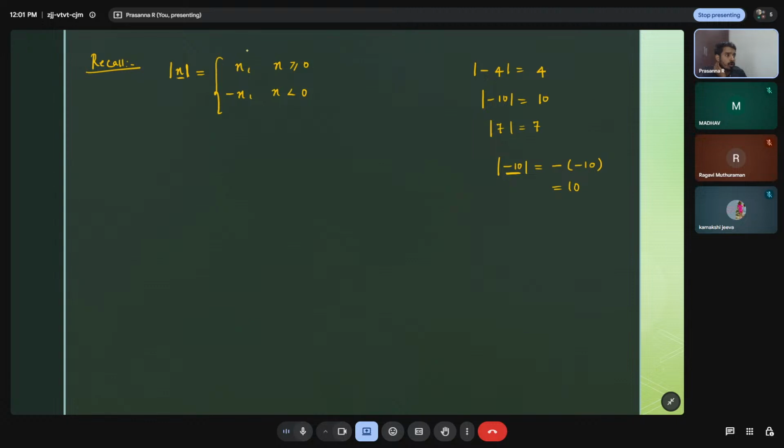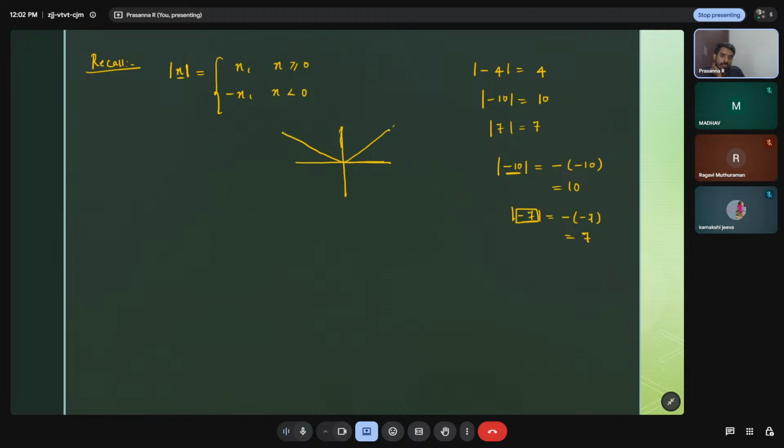If the inside quantity is negative, the output is minus of inside quantity. So you see modulus of minus 7. Inside quantity is negative. Output is minus of inside quantity, which is plus 7. You have to understand the definition of mod x correctly, right? And we know how the graph of mod x will be. When x is greater than or equal to 0, it takes x, and otherwise it is minus x, right?